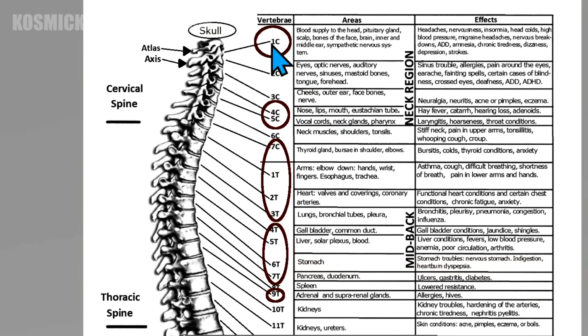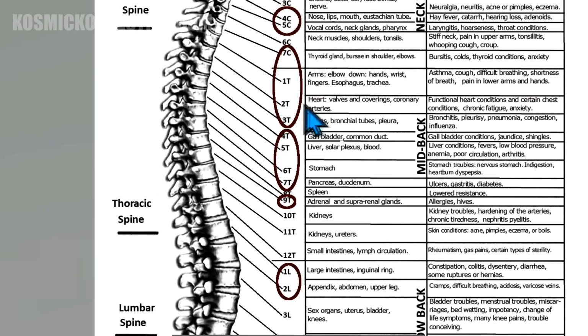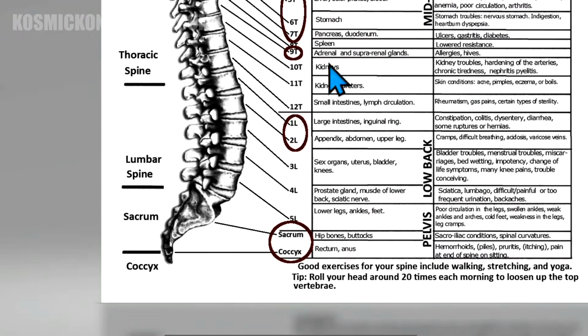And especially where you've got that 1C, 7C, and 2T out at the same time, that can really get that anxiety going. It can really exacerbate that. And then as we get down into this region right here, you can see that's down in your hip region. And that can affect your digestive system sometimes.